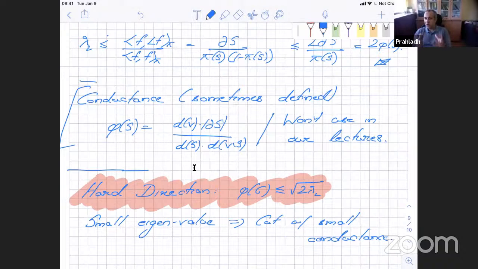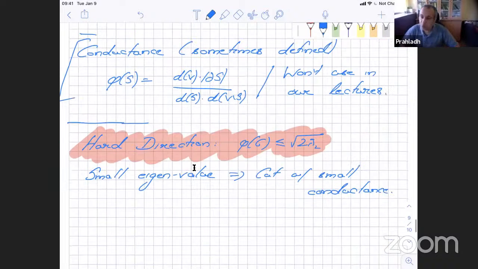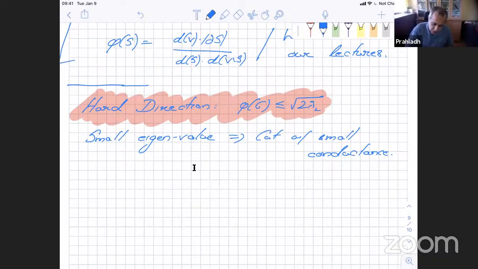An f which witnesses this. From the belly of this f, I will extract a set S for which most of the edges go inside rather than outside. So the proof will be constructive.